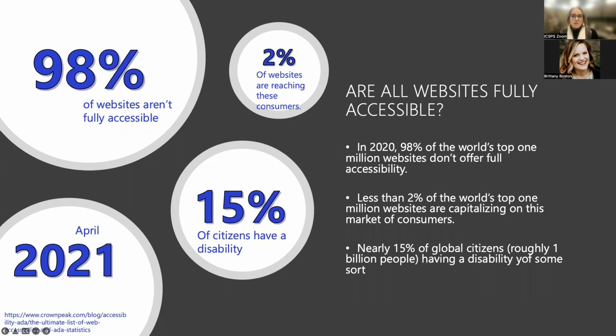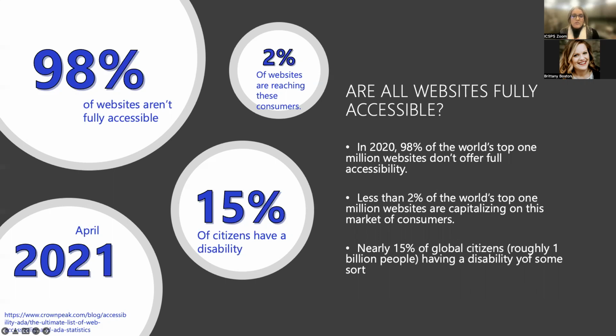Especially for our institutions. It's not just about practicality from an inclusion standpoint. Making it easy for people with disabilities to use not only our center's website, but also your institution's website is just the right thing to do, right?